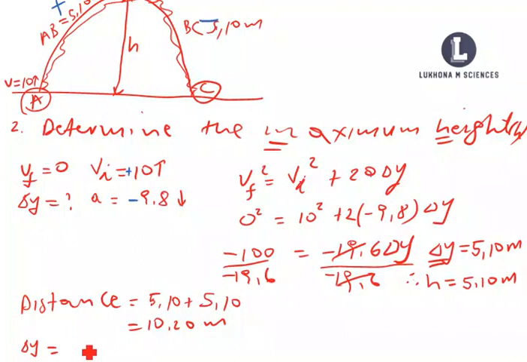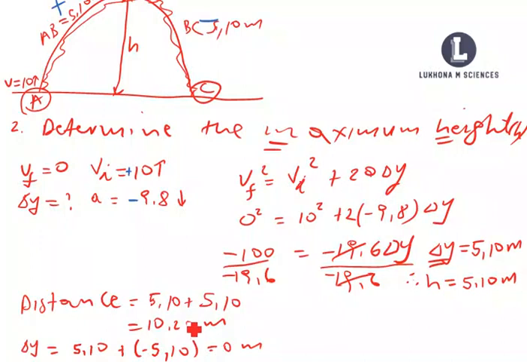So we have 5.10 plus minus 5.10. Therefore the displacement from A to C is 0 meters. There's a difference between displacement and the distance. For the distance, no direction is chosen, just add plus plus. Then for the displacement, you have to choose direction, take up as positive, which means down is negative.